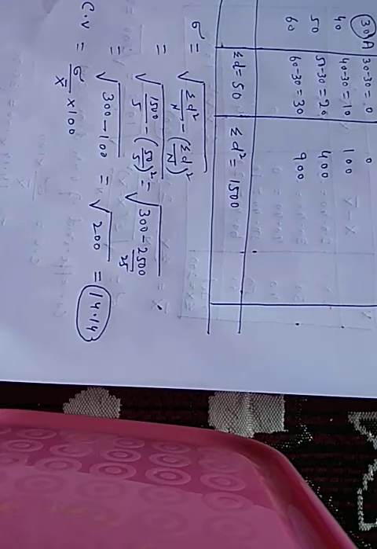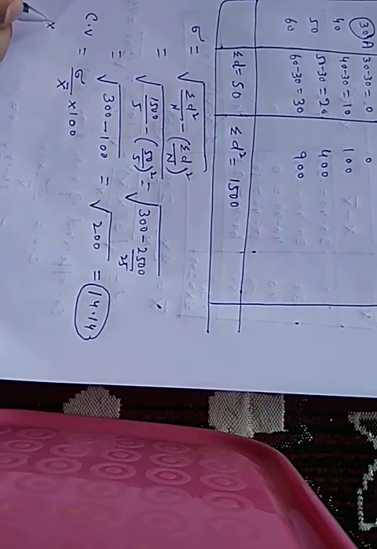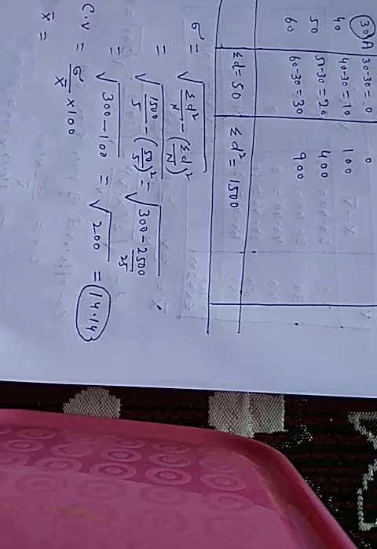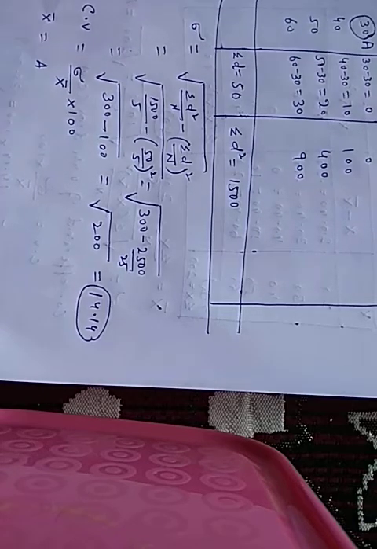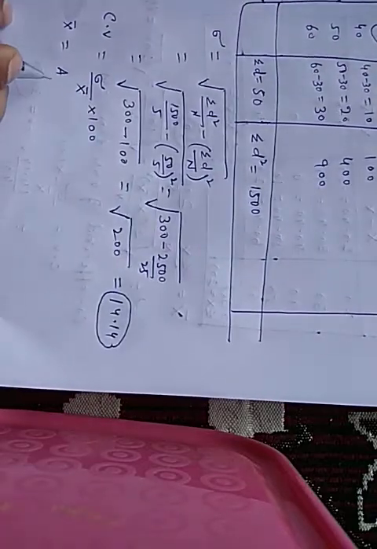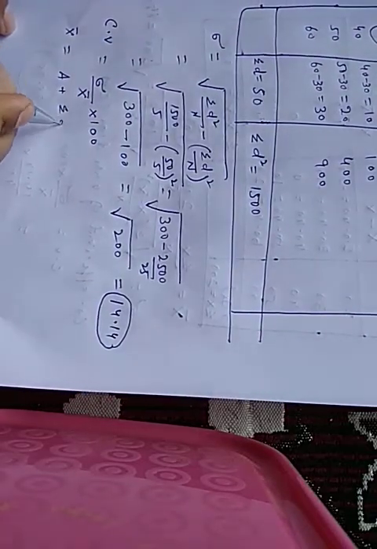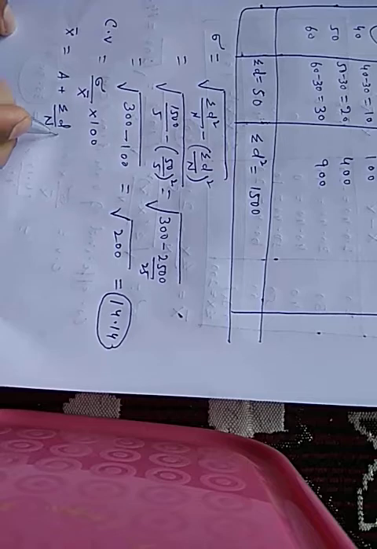Now we have to find the value of arithmetic mean. In case of the shortcut method, in case of the indirect method, it is equal to assumed mean plus sigma d divided by n.